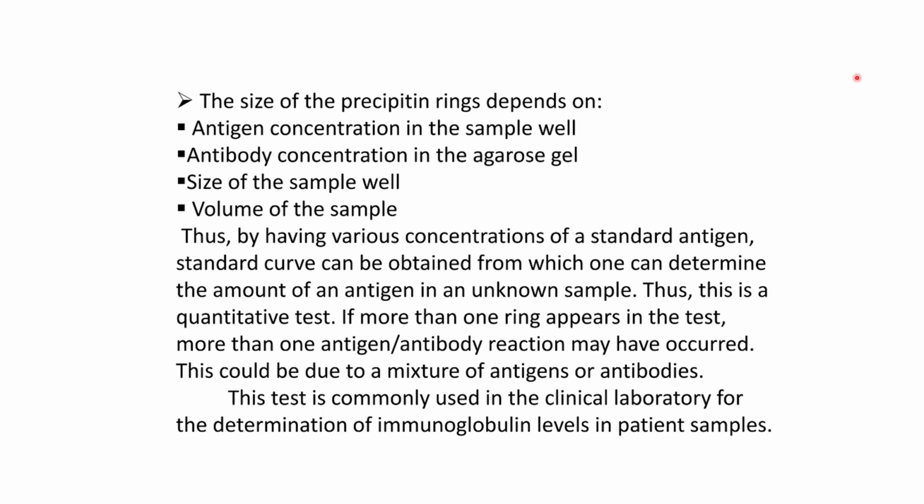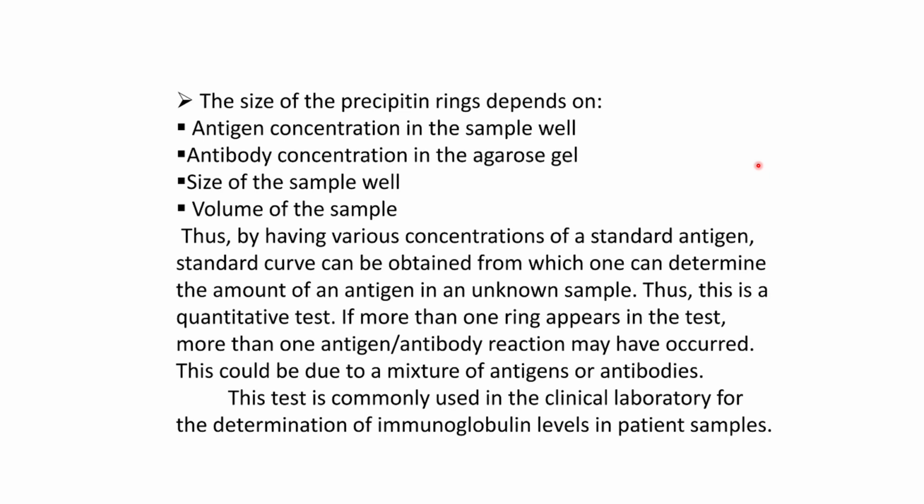Also, the size of that precipitin ring depends on the antigen concentration in the sample well and also the antibody concentration in the agarose gel, as well as the size of the sample well and the volume of the sample used. Thus, by having several concentrations of a standard antigen, a standard curve can be obtained from which we can determine the amount of antigen in an unknown sample.